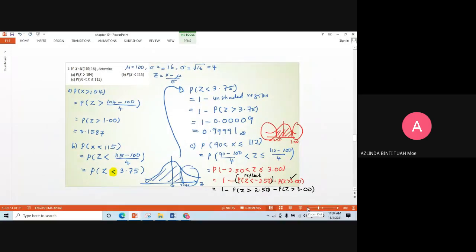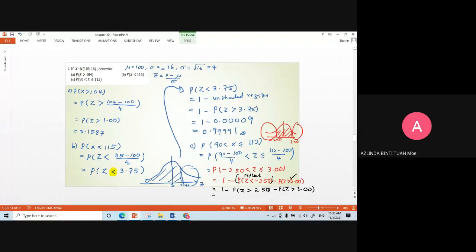Okay, 2.50. Anyone from table? 0.00621. Okay, 3.00. 3.0, 0.00, 0.00135. Okay.